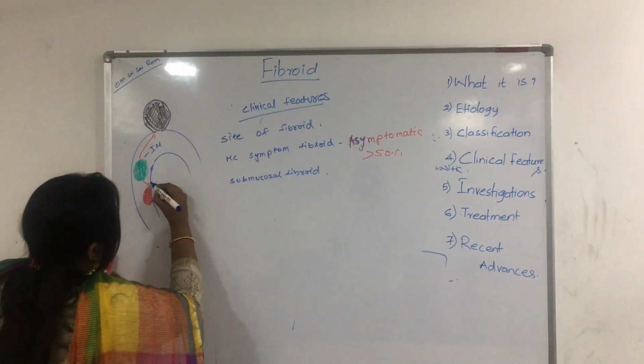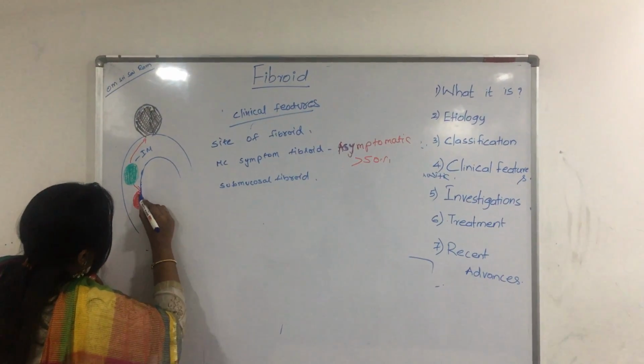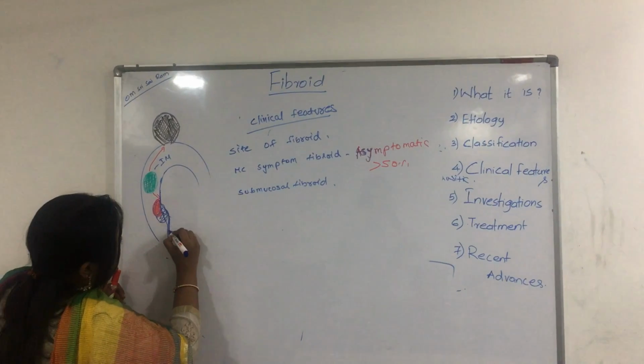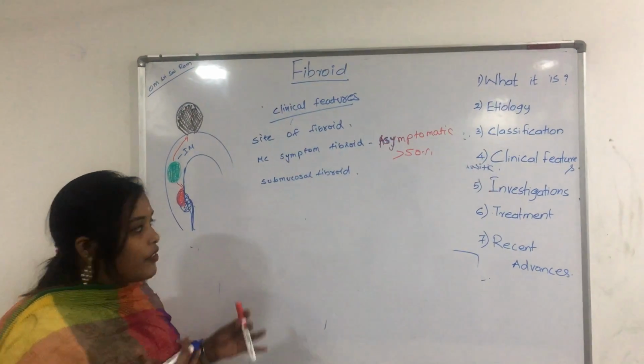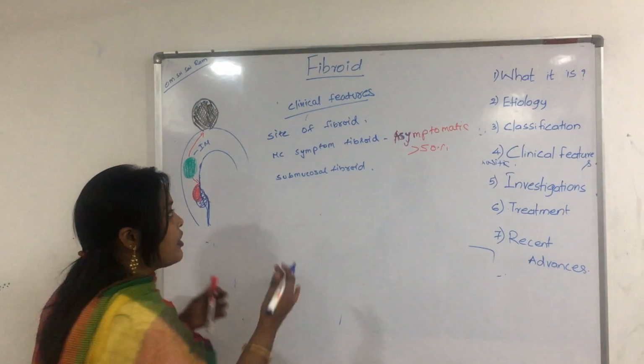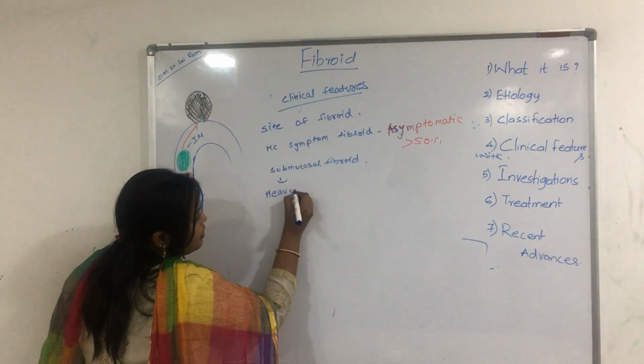Submucosal fibroid, you can see, is just beneath the mucous membrane. So what happens to the mucous membrane as the fibroid grows? The surface area of the mucous membrane increases. When the surface area increases, there will be increased bleeding. So submucous fibroid will present with heavy menstrual bleeding.